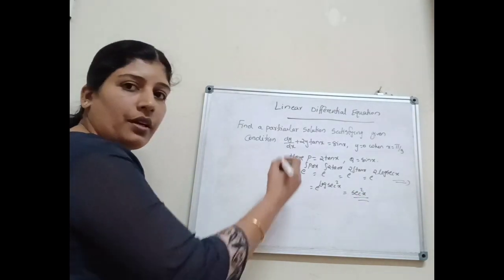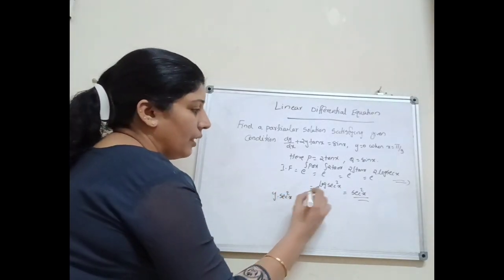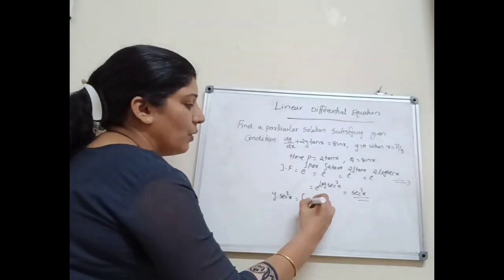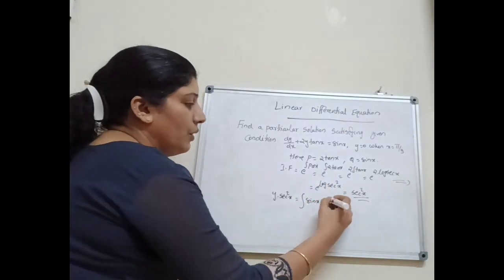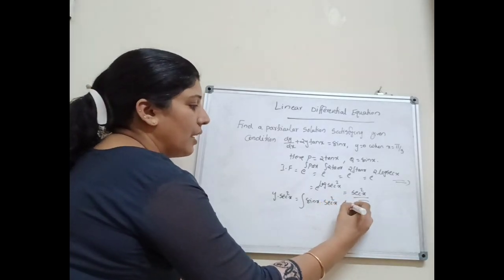Therefore, the general solution is y into sec square x, e raised to integral p dx, is sec square x, equal to integral, here q is what? sin x into the integrating factor sec square x dx.